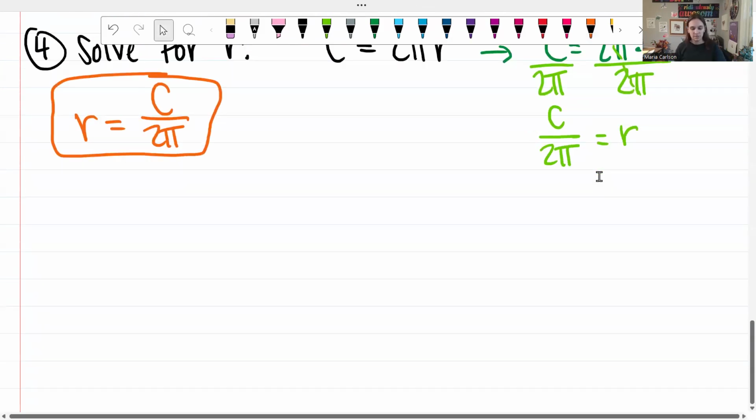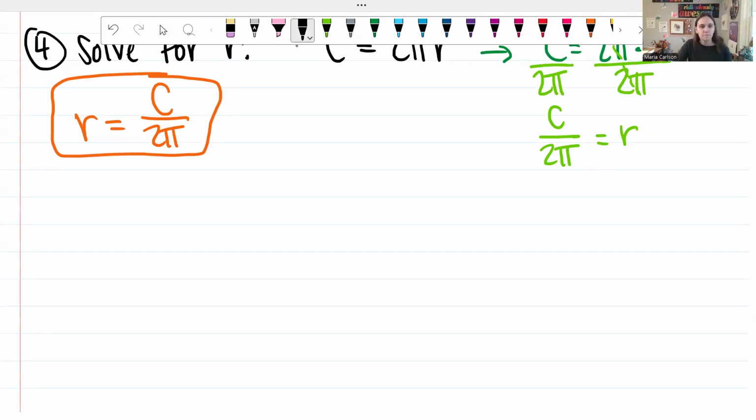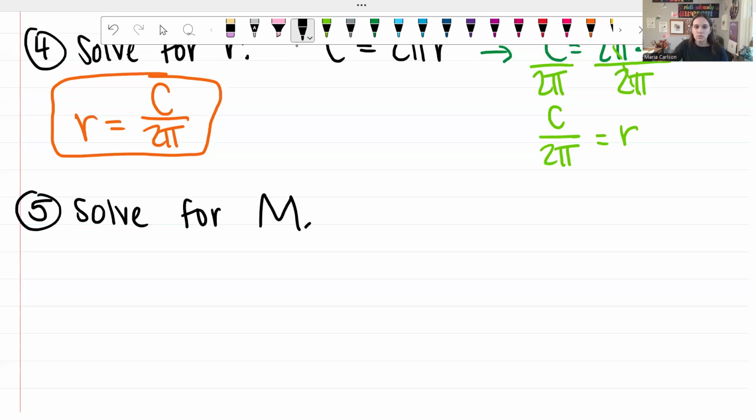All right. Number 5. Let's solve for M, capital M. So K is equal to W squared times capital M plus 4 times Z. This one has a lot going on, right?